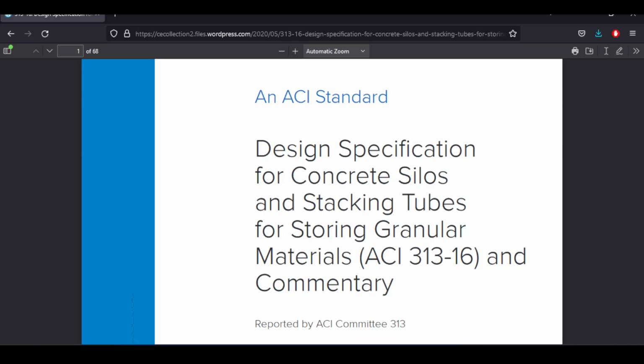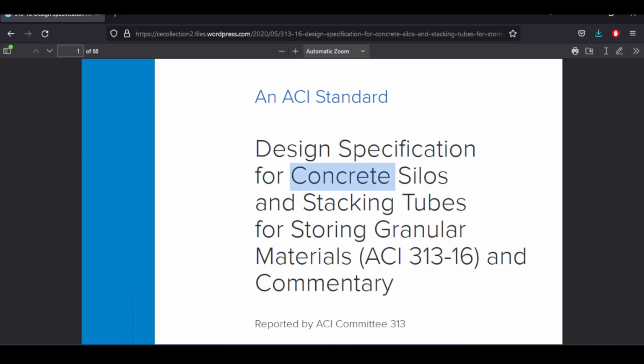With that being said, today's video is going to focus mainly on the silos loads and the silos configuration that you might be faced when you model a silo. Please notice that this ACI code works on concrete, but has some pointers with regard to steel silos.